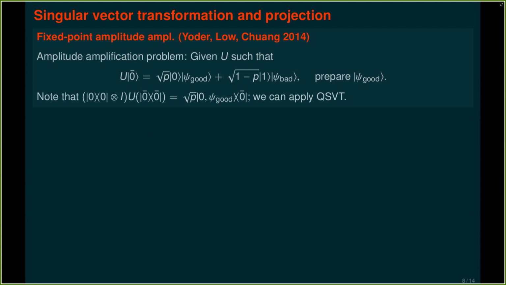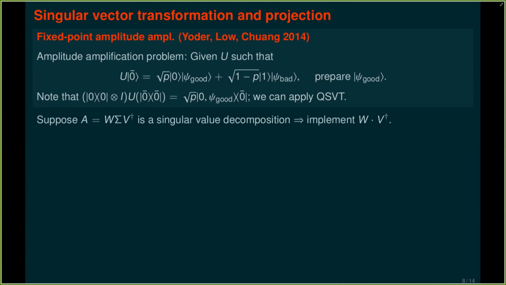Now, how we apply singular value transformation here is that we realize that the top half of the first column of U is essentially just the quantum state psi good, and the singular value of this small matrix is just square root p. So essentially this is again a singular value transformation problem, and you can just find this approximate threshold polynomial that I sketched on the previous slide.